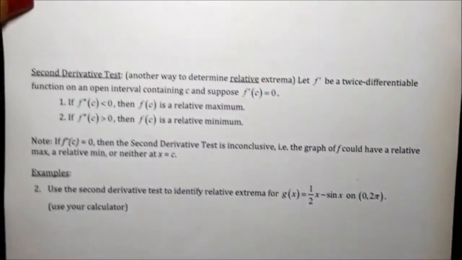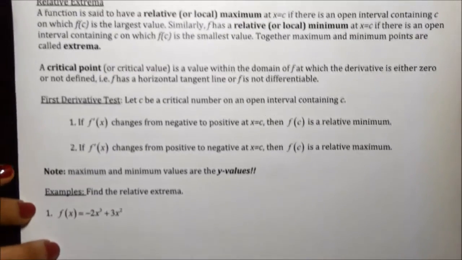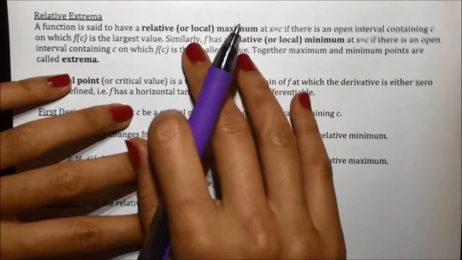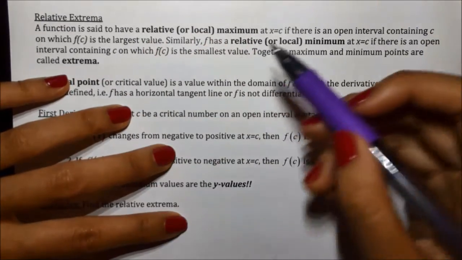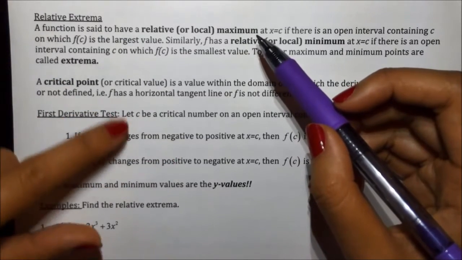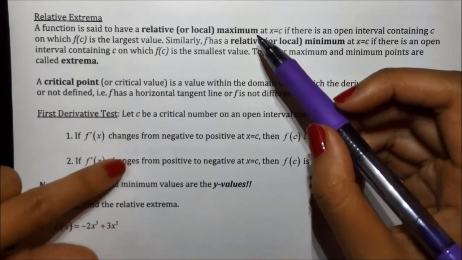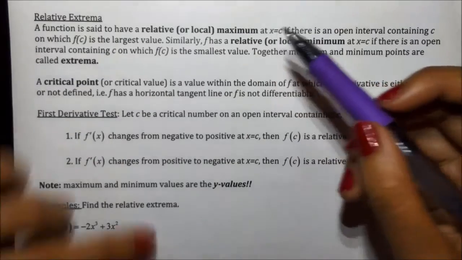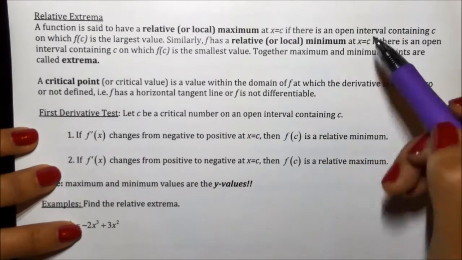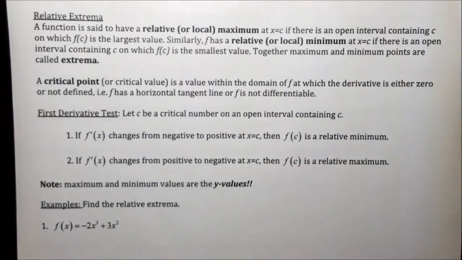Now let's take a look at relative extrema. So you're going to have a local maximum or relative maximum if it satisfies either the first derivative test or the second derivative test. And you can have a local minimum if it's the smallest value in a certain section.